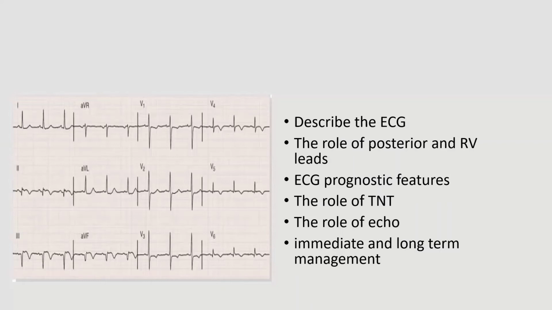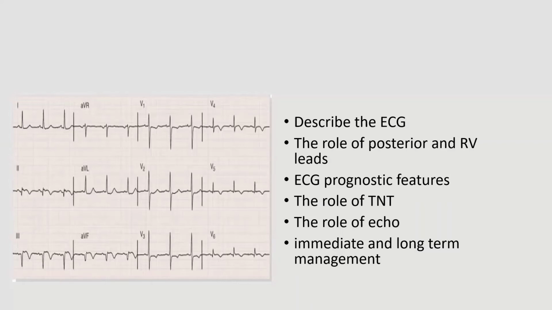Now, what else? Prognostic. Poor R wave progression. Yeah, poor R wave progression is equivalent to Q waves in the precordial leads. Okay, so if you have poor R wave progression, probably you might have extensive myocardial involvement with scarring tissue and stuff like that.